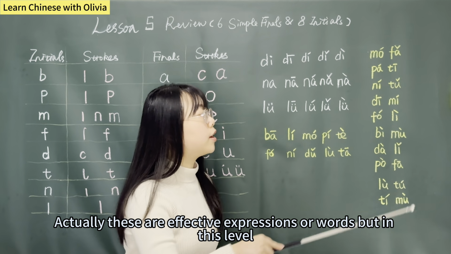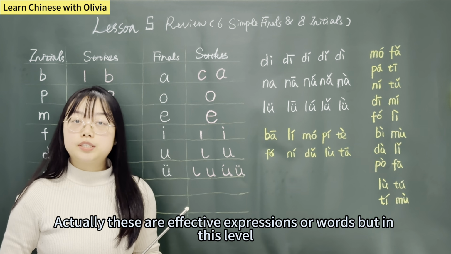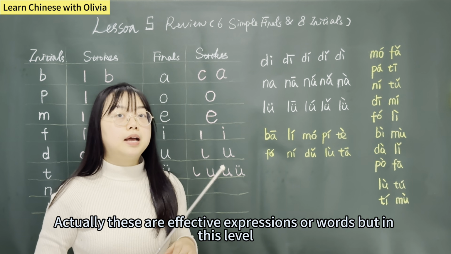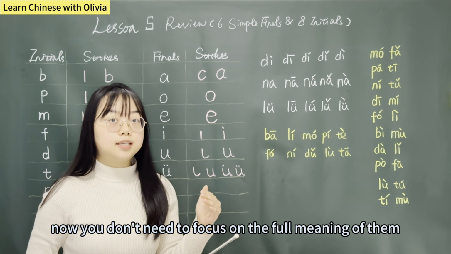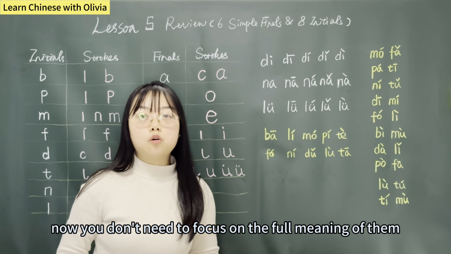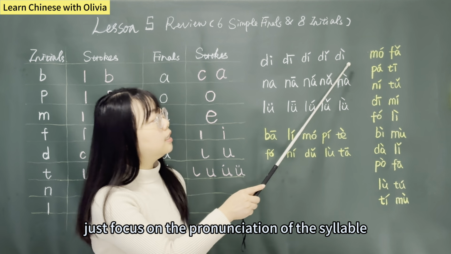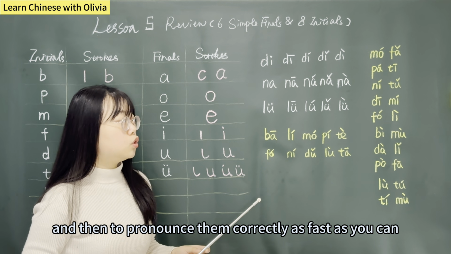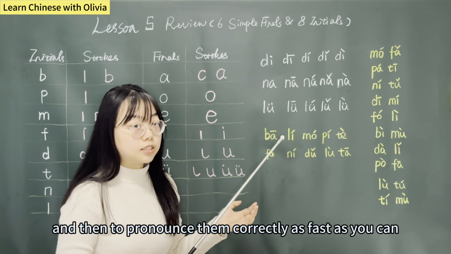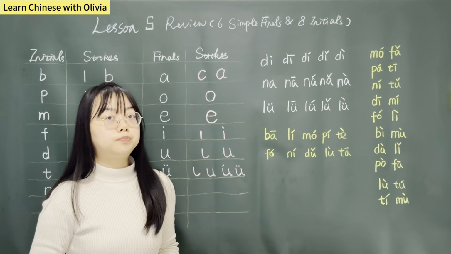Actually, these are real expressions or words, but at this level, you don't need to focus on the full meaning of them. Just focus on the pronunciation of the syllable and pronounce them correctly as fast as you can.